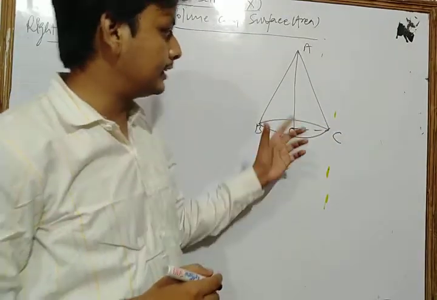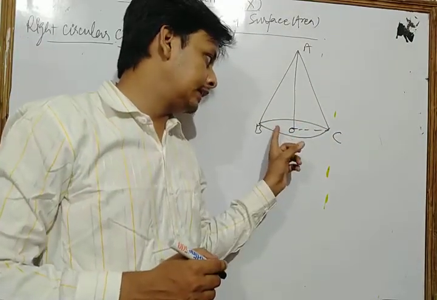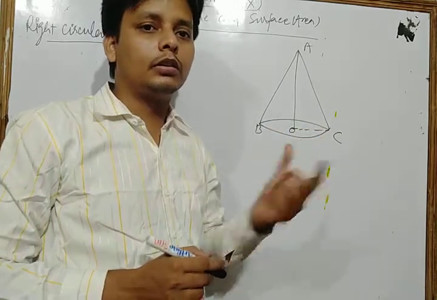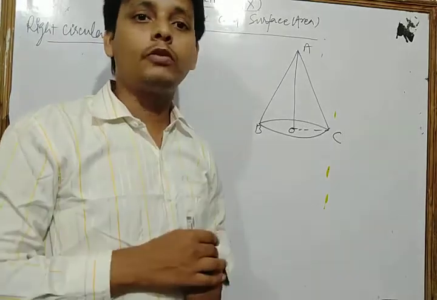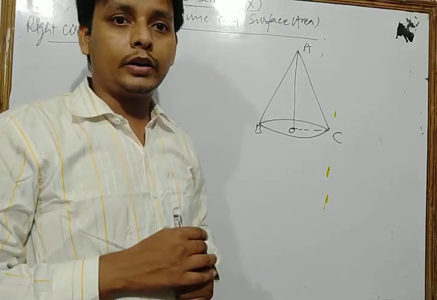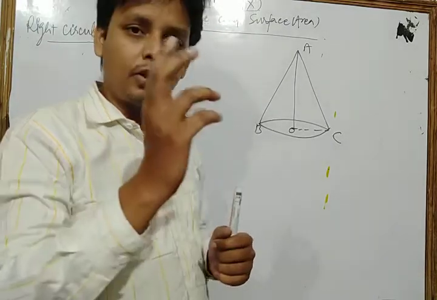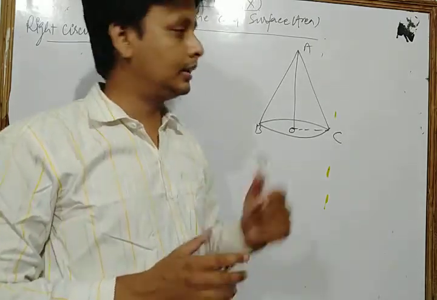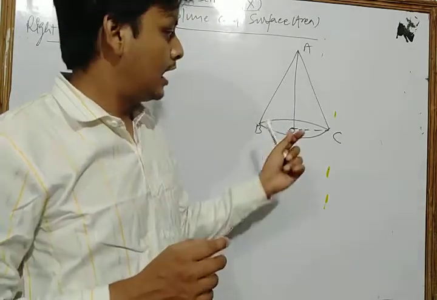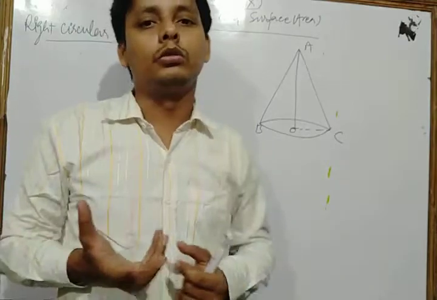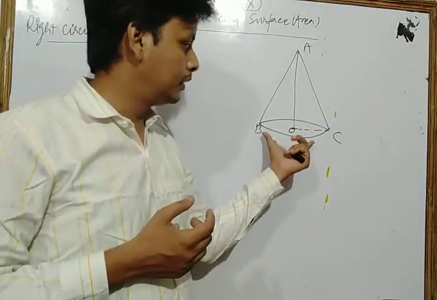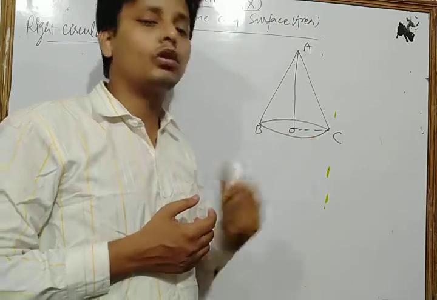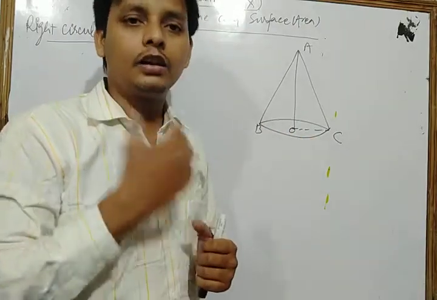One important thing: the shape of a birthday cap is also the form of a cone, and the shape of an ice cream cone is also a cone. The base of the cone is a circle, that is, circular.